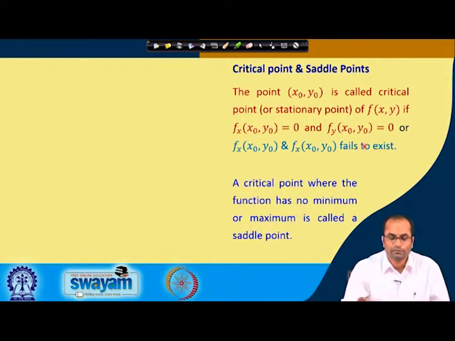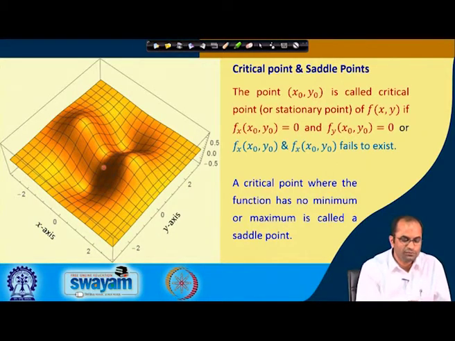So, basically what we will observe in the next slides is that if a local maximum or minimum exists, it will exist only at these critical points, but there will be some critical points where the function is not taking a local maximum or local minimum, and those critical points will be called saddle points.